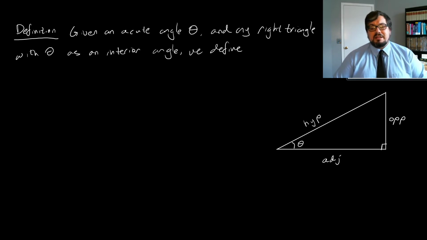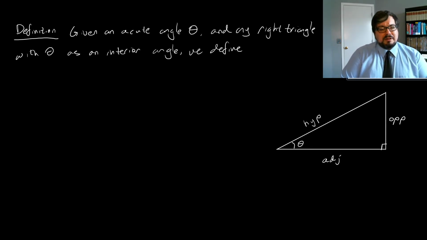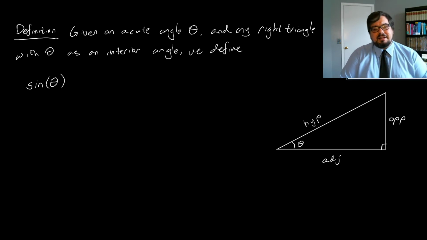And given a triangle like this, I can look at the ratios of the sides of this triangle. And as mentioned previously, those ratios only depend on theta, not on the specific size of triangle that I'm dealing with. So, for instance, we're going to define one function which is sine. Sine of theta, denoted sin theta, is going to be the ratio of the opposite side of the triangle over the hypotenuse.